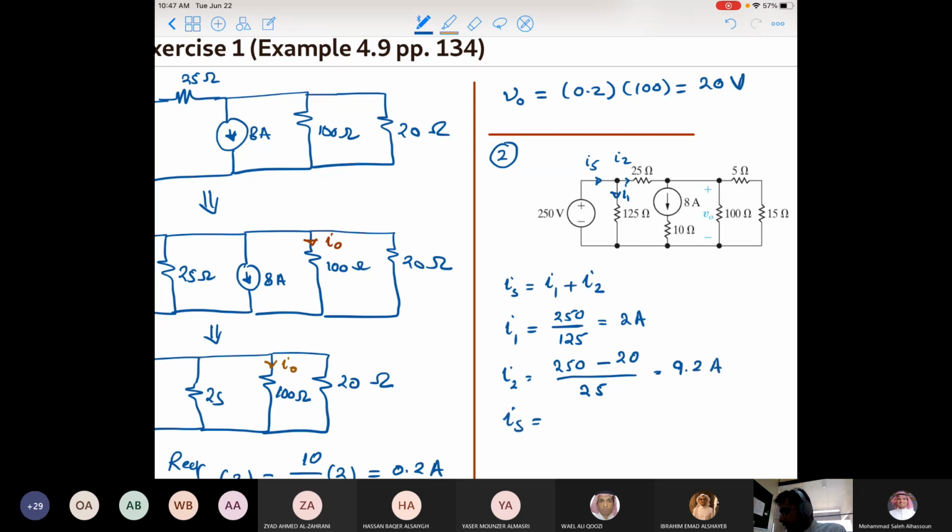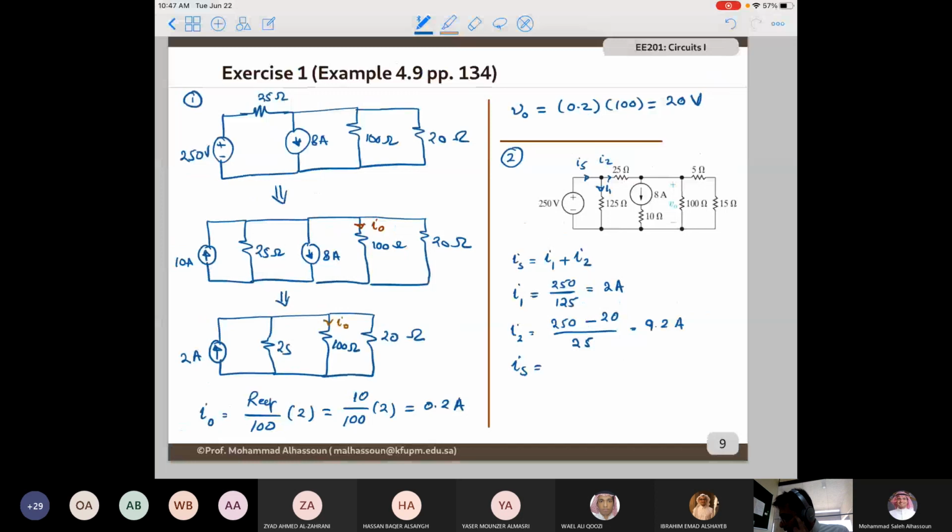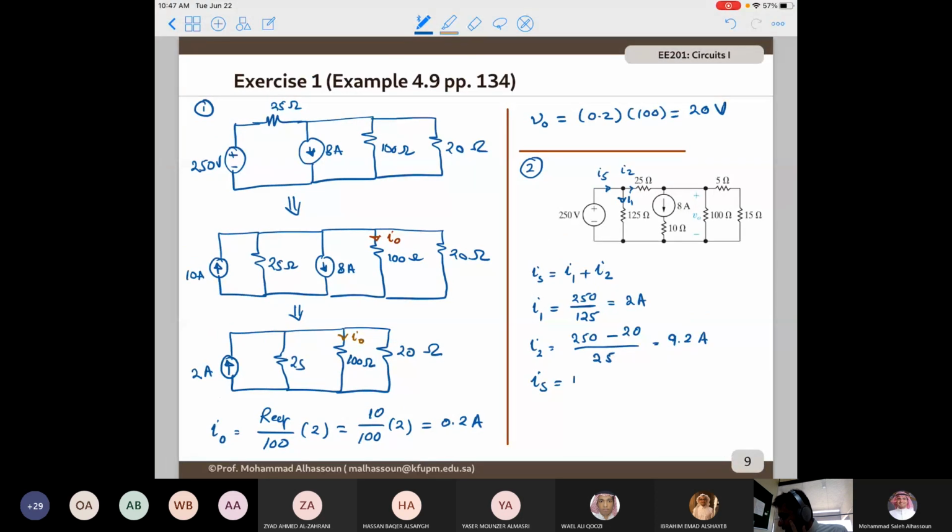So the total current will be the summation of both currents, so it's going to be 11.2 amperes. So you see here that the parallel resistor contributed to the current supplied by the source.